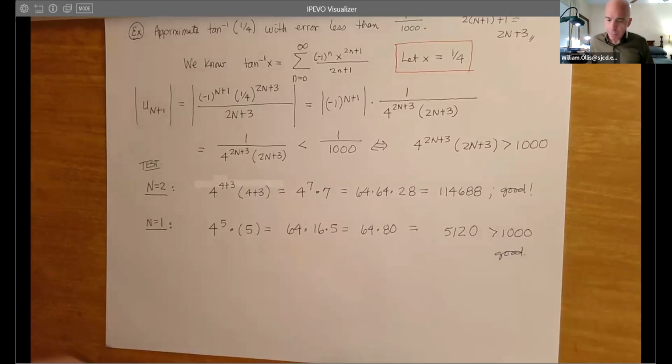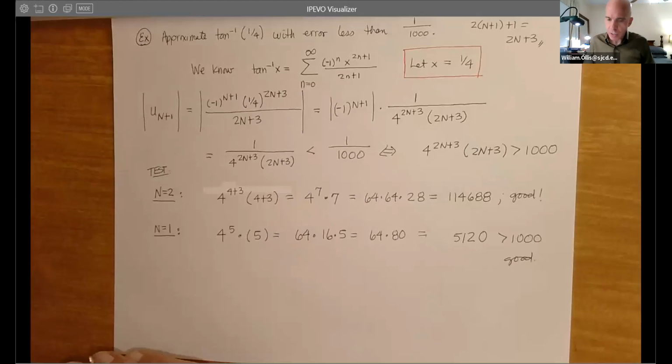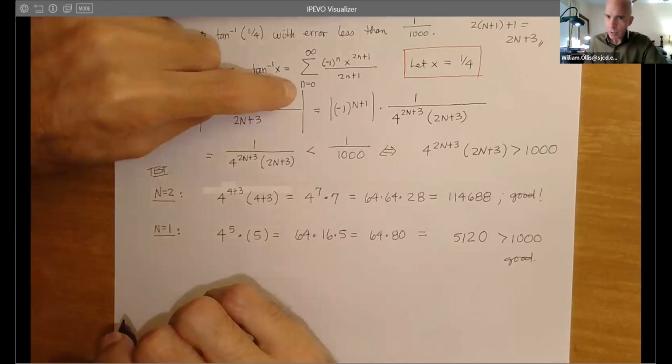Now, when we think about this and we think about n equals 1, let's look at what that means in this particular case. If we look at this particular setup here, the partial sum that we need is S1, but we start at 0.